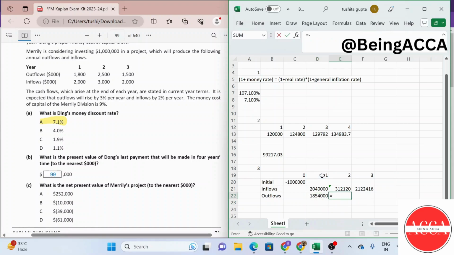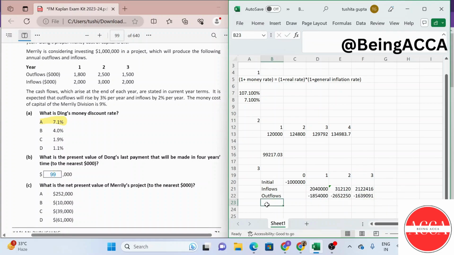And again, similarly, minus 2500,000, raised to the power, 1.03 raised to the power 2. And then again, for the last year, minus 1500,000 and raising it to the power 3, right? And we're done with this portion over here.